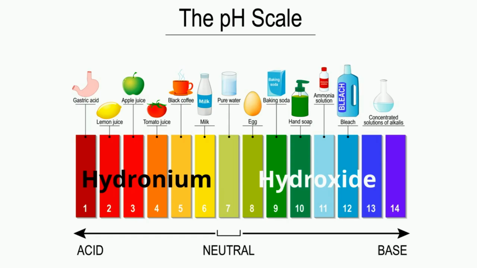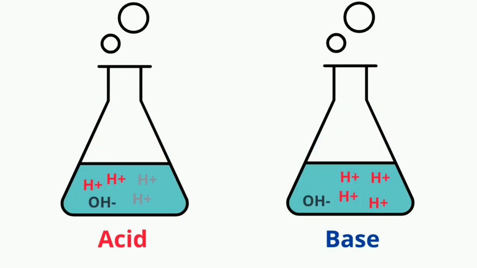In very simple terms, acids gain hydrogen and bases lose hydrogen. Each number represents a 10-fold change in the acidity or basicness of the water. Water with a pH of 5 is 10 times more acidic than water having a pH of 6.